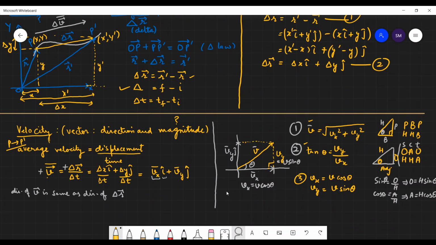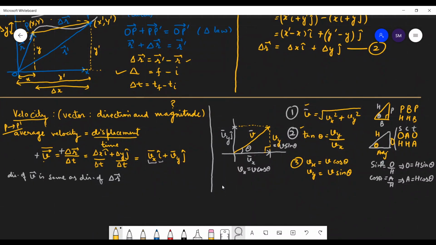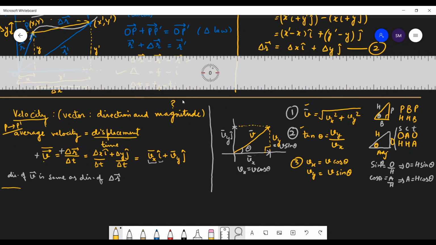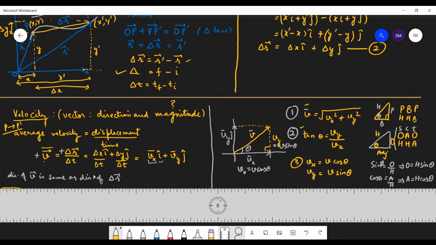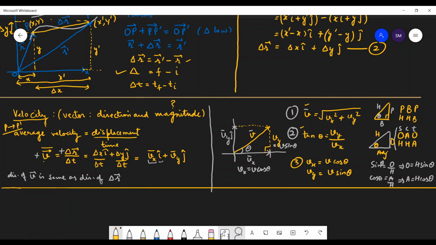Now I want to find out what is the velocity at P.